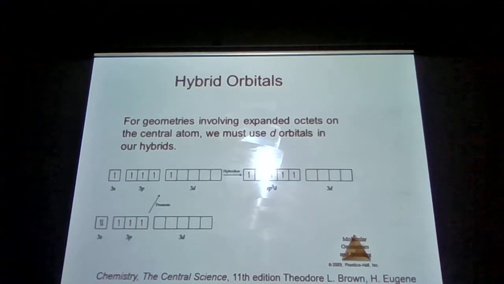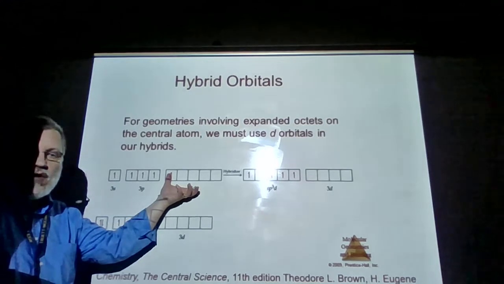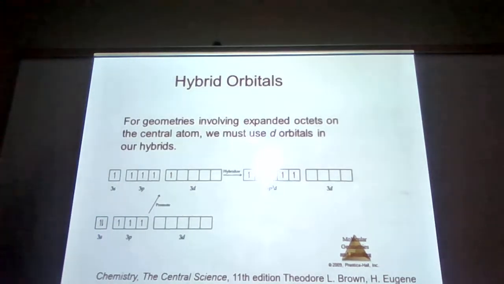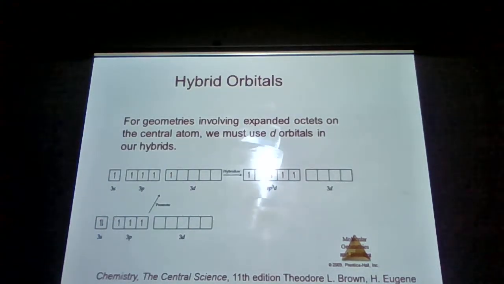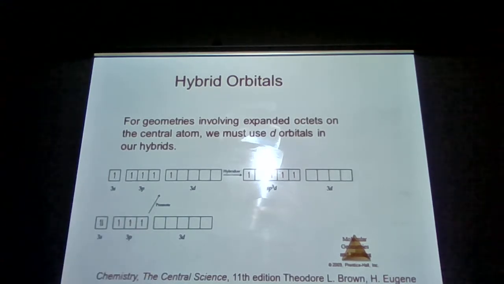These are usually atoms that have a center element in the third row, like aluminum, silicon, phosphorus, sulfur, chlorine. If those are a center element, they have empty, vacant d orbitals that are available to put electrons in. So we can use these d orbitals in hybridization. Let's see, this is PF5.